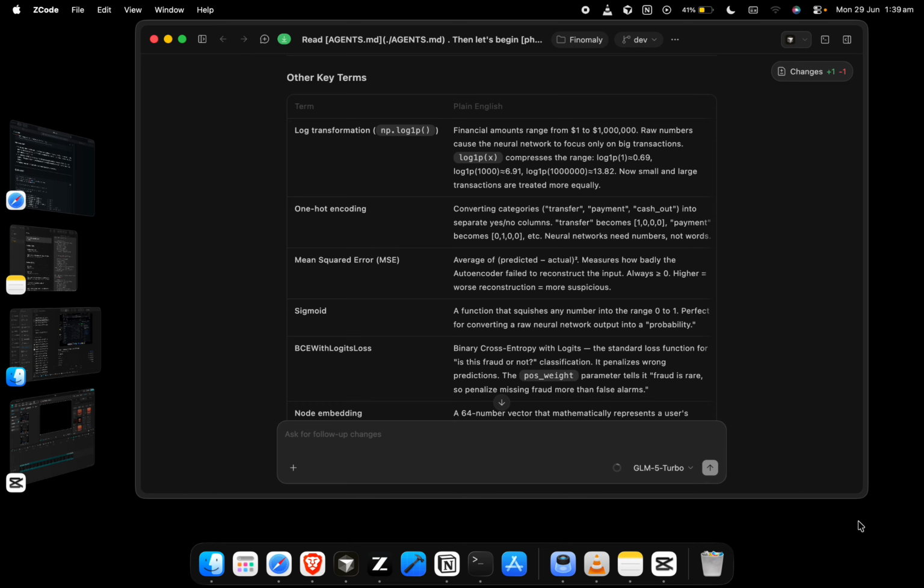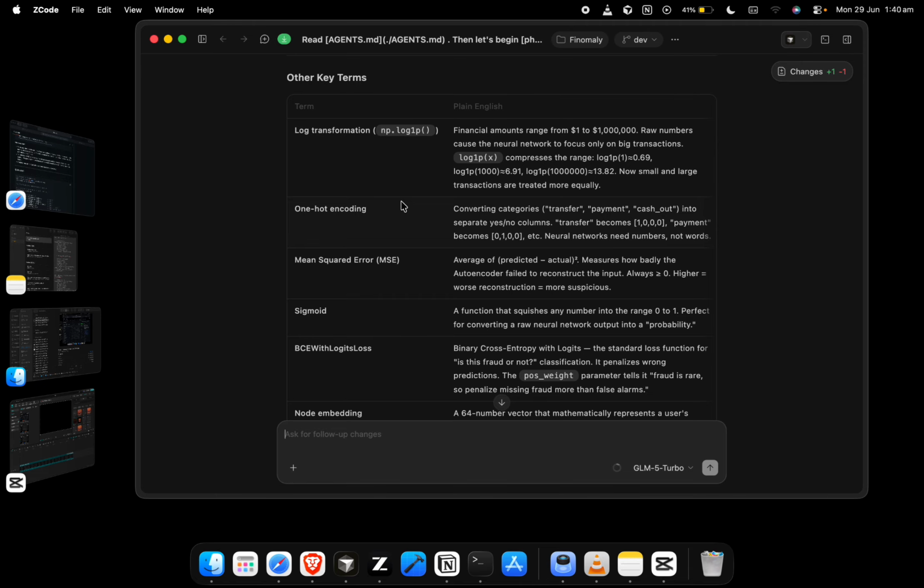So now the key terms, we have log transformation. Financial amounts range from $1 to $1 million. Raw numbers cause the neural network to focus on only big transactions and compresses the range. So now through this, small and large transactions are treated more equally.